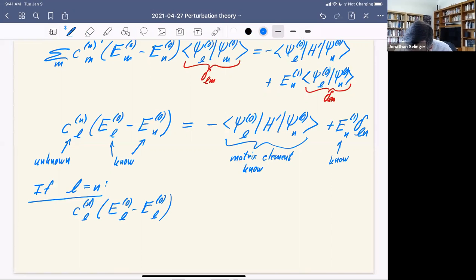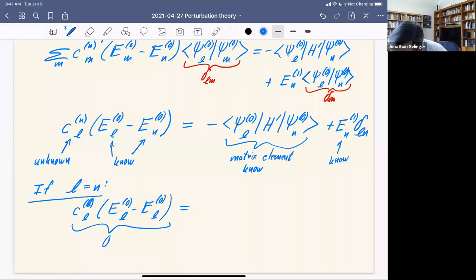I guess I should write LL there. Whoops, this thing is 0, because I have a number minus itself times anything.